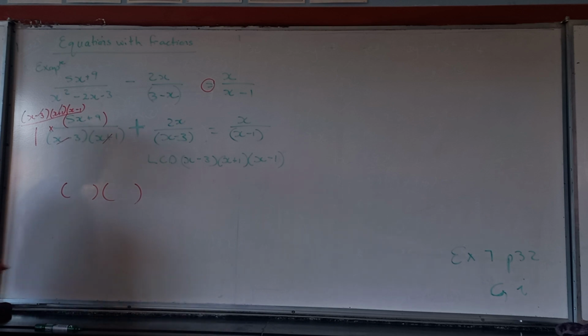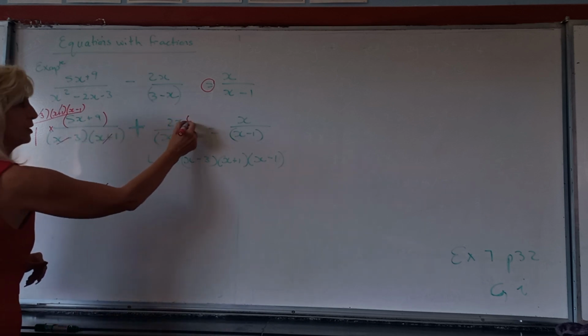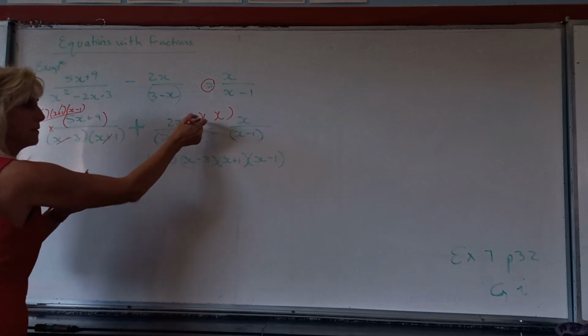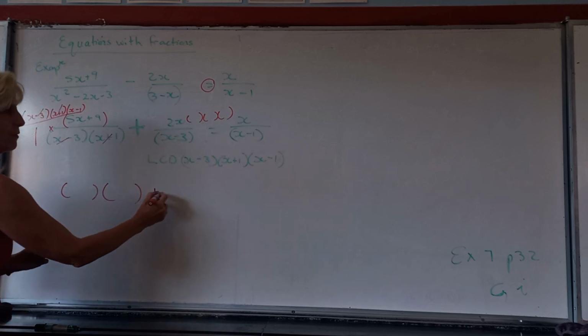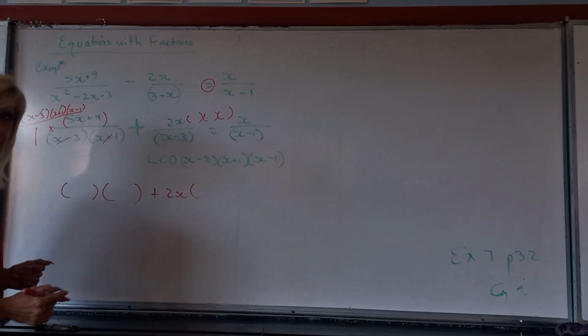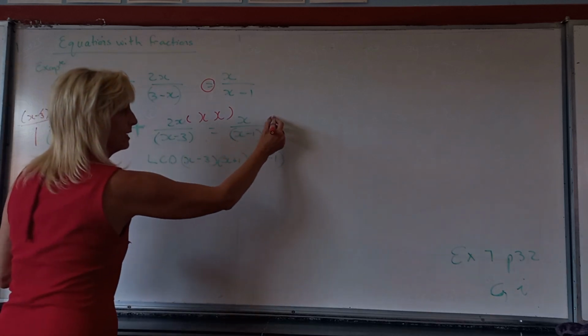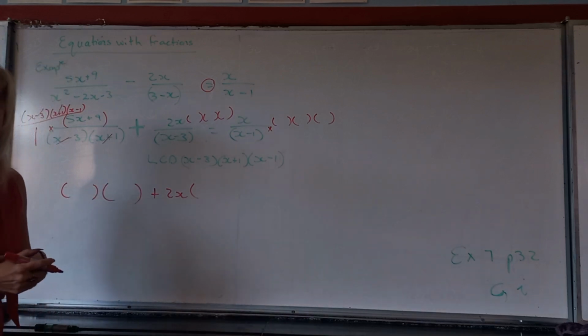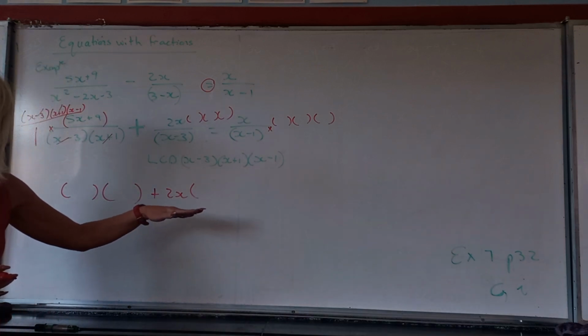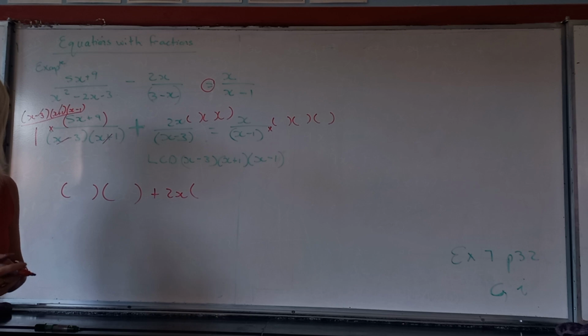No more fractions. Same over here. You're going to have those 3 brackets. Some of them are going to fall away. No more fraction. What is left, you're going to write down here: 2x times whatever. Same thing here. You're going to time with all 3 of the brackets. Some will cancel out. The rest is what's left. And then you're going to be sitting with another quadratic equation. So this is your homework.